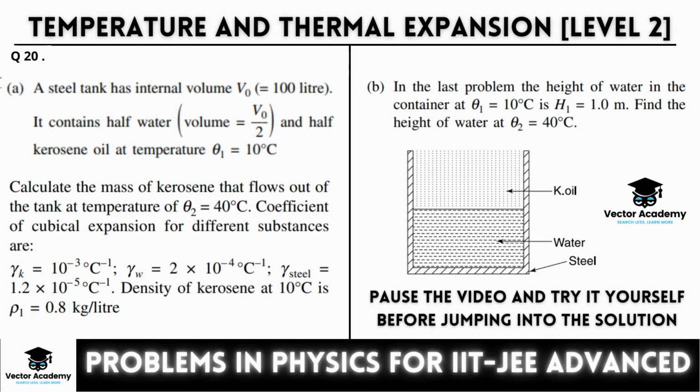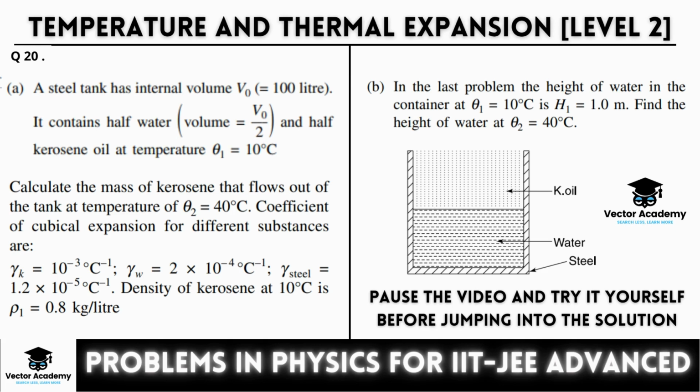Coefficient of cubical expansion of steel, gamma steel equals 1.2 into 10 to the power of -5 per degree Celsius. Density of kerosene at 10 degrees Celsius is rho 1 equals 0.8 kg per liter.